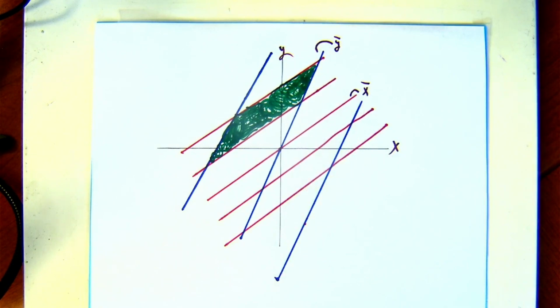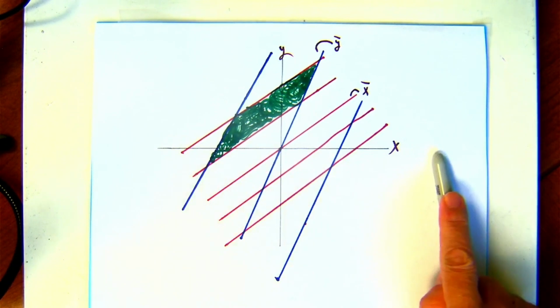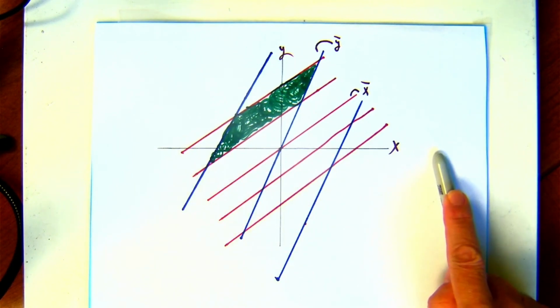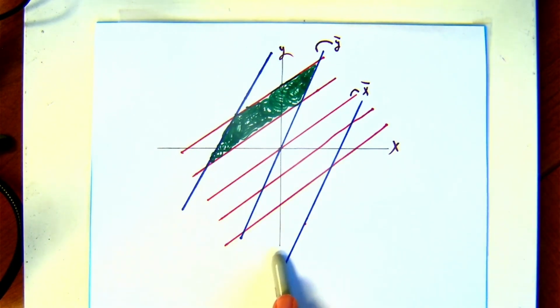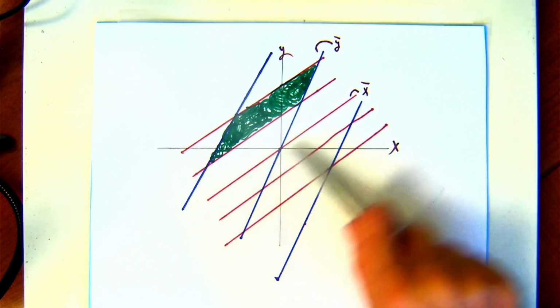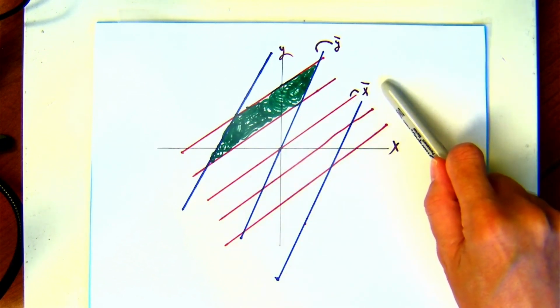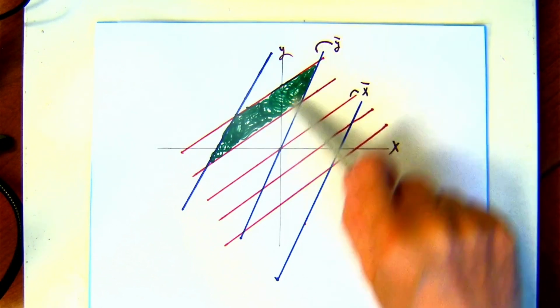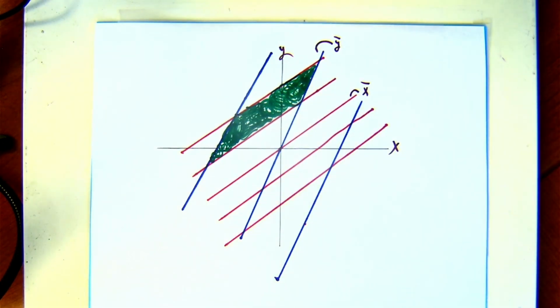The graph of the equation y equals 0 is the x-axis. The graph of the equation x equals 0 is the y-axis. The graph of the x bar axis is y bar equals 0, and this will be x bar equals 0.